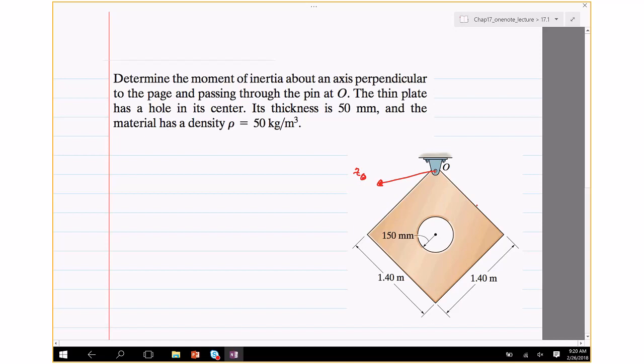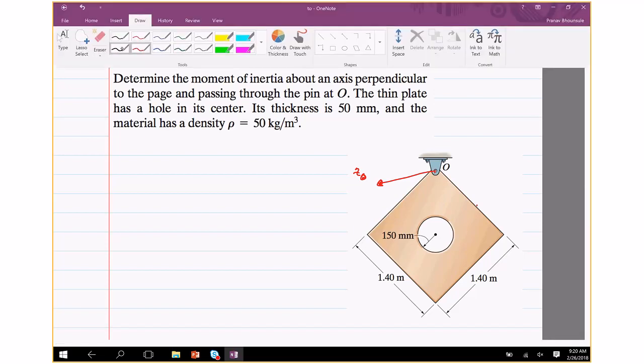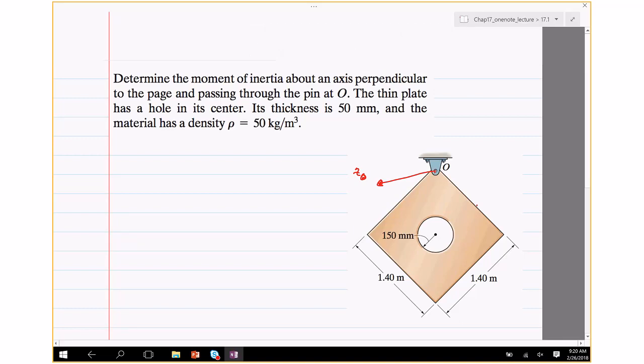The thin plate has a hole in its center. Its thickness is 50 millimeters and the density is 50 kg per meter cubed.